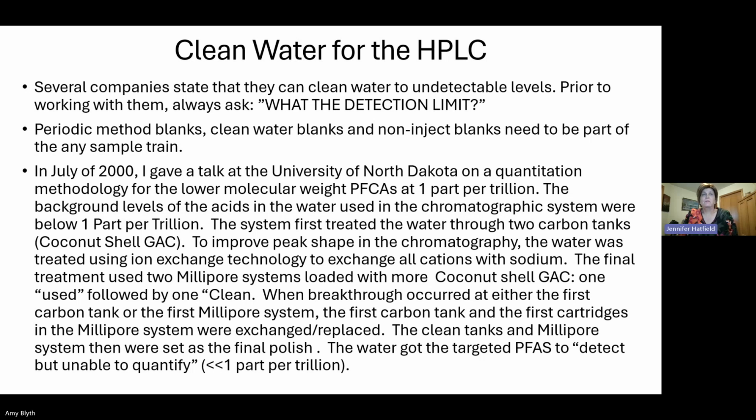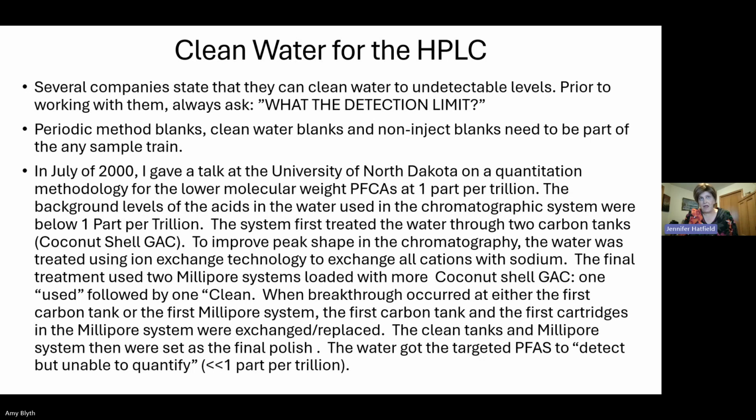We had to clean the water to below that 1 part per trillion level. And to do that, and this also now works for, we later on validated it for the bigger perfluorinated carboxylates, and then the perfluorinated sulfonates, and a number of other odd chemistries that are related to that or that may degrade to form those chemistries.